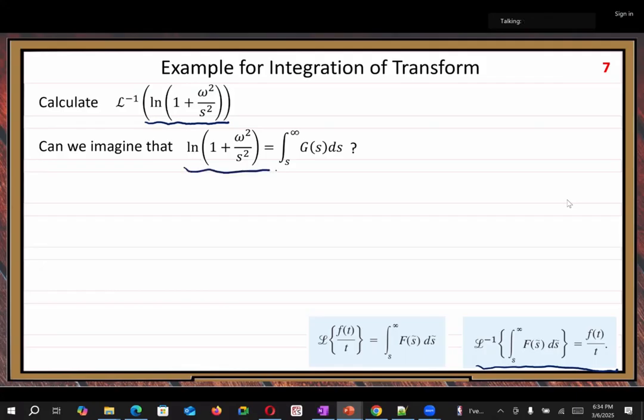If we can match that integral structure, then we can apply this formula, but it's not easy to see. So this is our current goal.